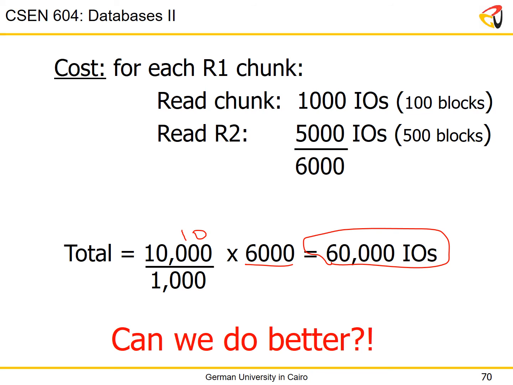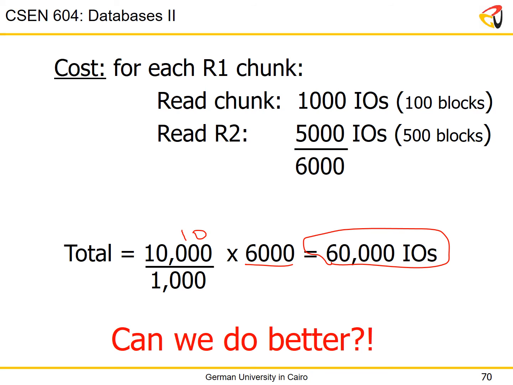I still have the other 9/10. So the way to compute it is, this is the cost of a chunk, and I'm gonna figure out how many chunks I have. A chunk has 1000 rows, and since I have 10,000 rows, I'm gonna divide the 10,000 by 1000 to get a 10. So I really have 10 chunks.